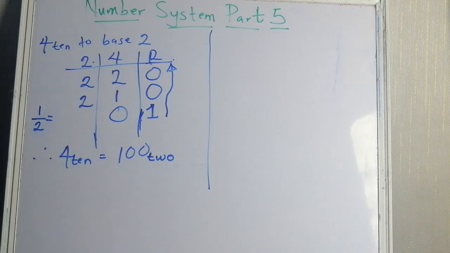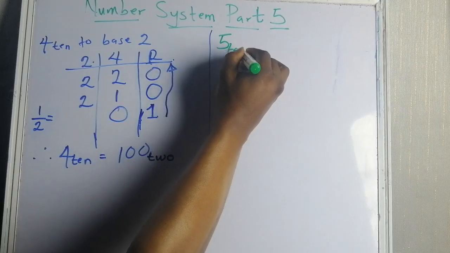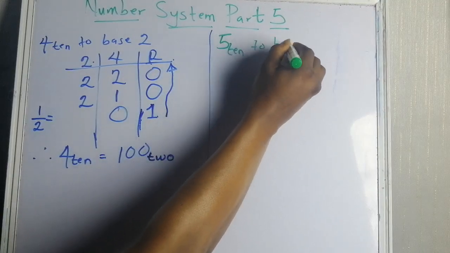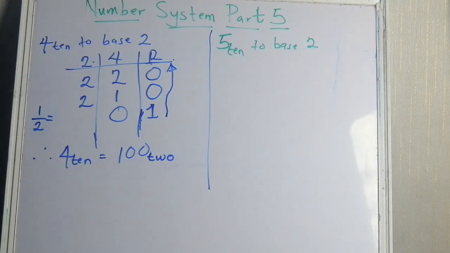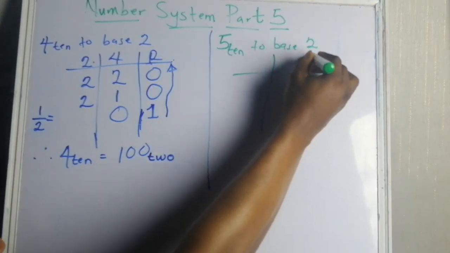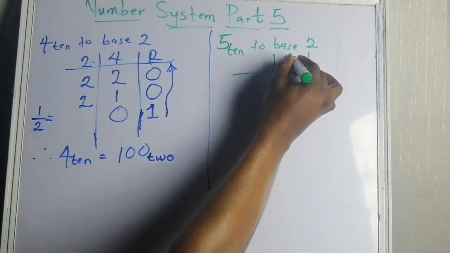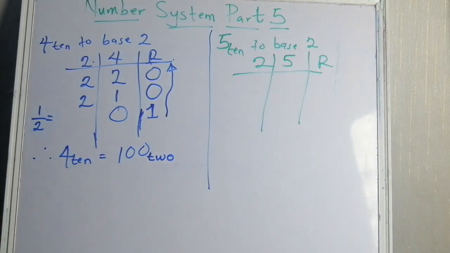So let's try 5 here. 5 in base 10 to base 2. Let's just do this. You have your 5 here, you have your 2 here, you have your remainder.